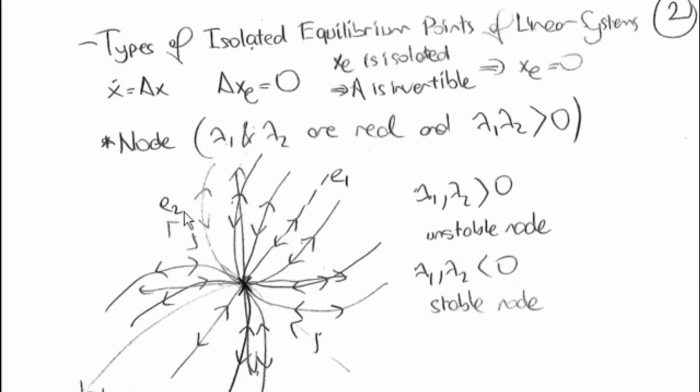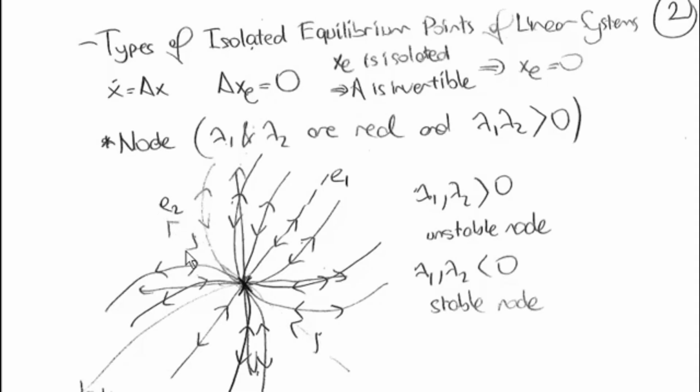Remember, this is for the second order systems: if both of the eigenvalues are real and they have the same sign, then we call the equilibrium point a node type of equilibrium point, and the trajectories around it would be in this parabolic form. So these are the eigenvectors of the A matrix.